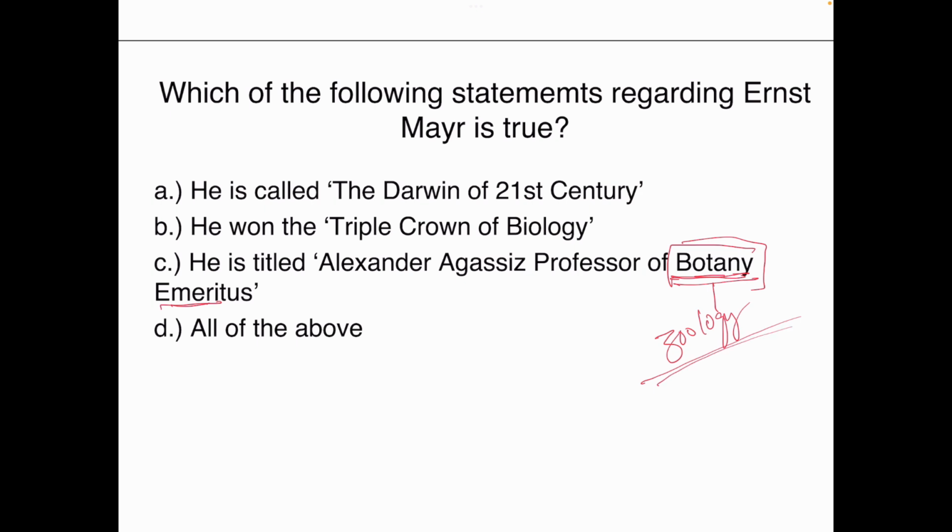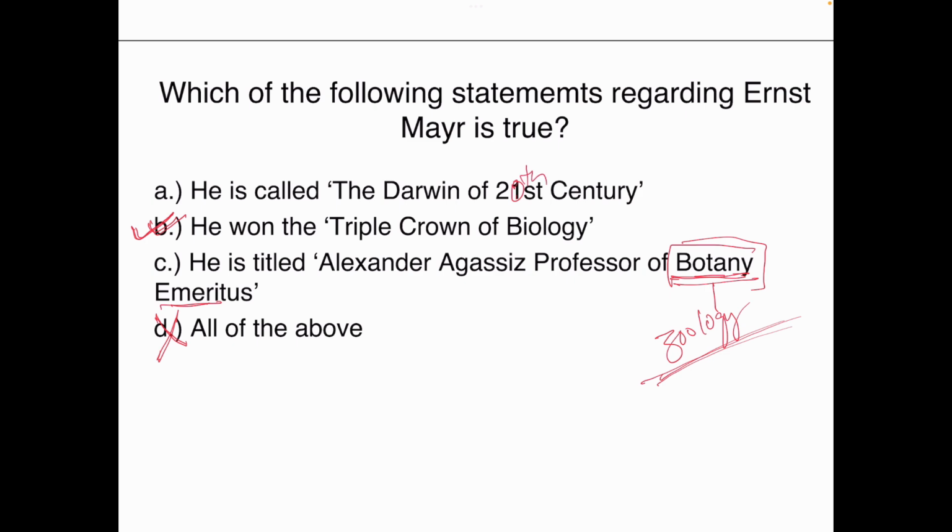He worked mainly on animals. So this is the confusing point. If you haven't read your NCERT in proper depth, you will get confused in this type of questions. So the answer here is not all of the above. The answer here is B. Only this statement is true. This is wrong because it has to be 20th century.